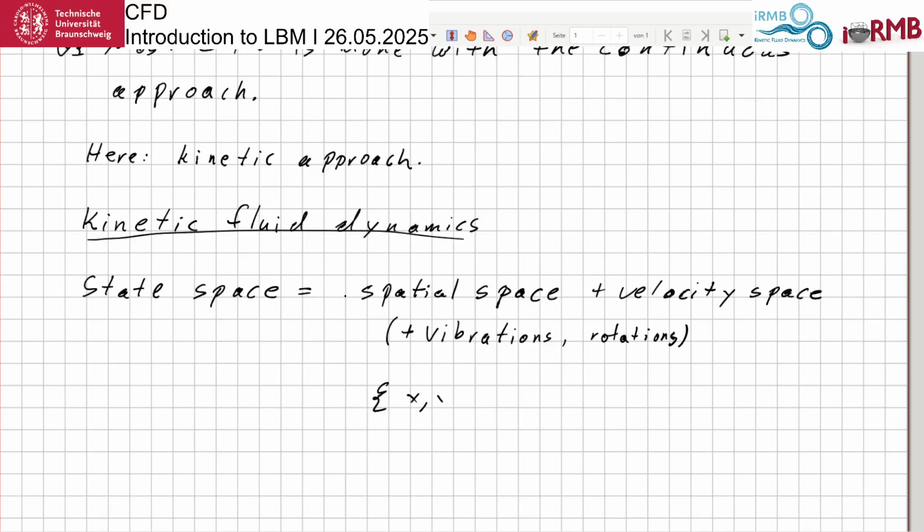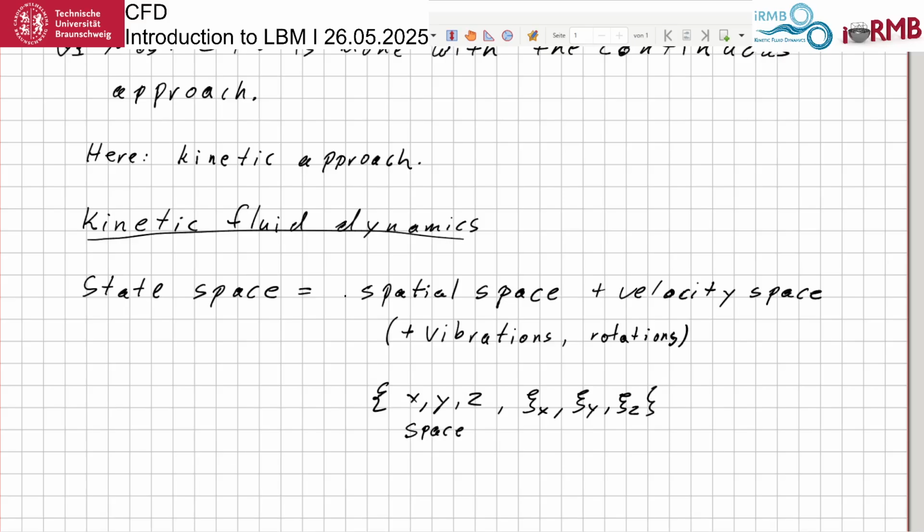So we have X, Y, and Z. This is what we usually have as spatial space. And then we have these ugly things, Xi. Xi is the microscopic molecular velocity, and they have three components.